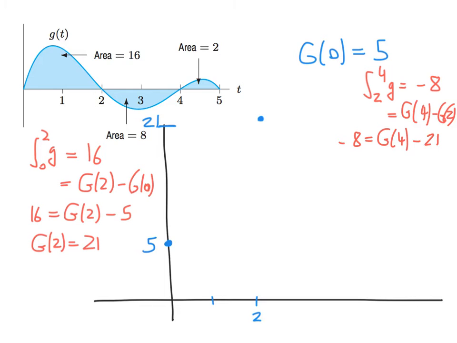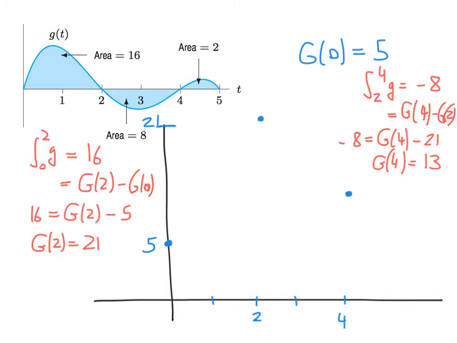Now we can solve this for g of 4, and we get g of 4 is 21 minus 8, which would be 13. So in our graph here, it would be 3 and then 4 over here, and we would have a value of 13, so about here.